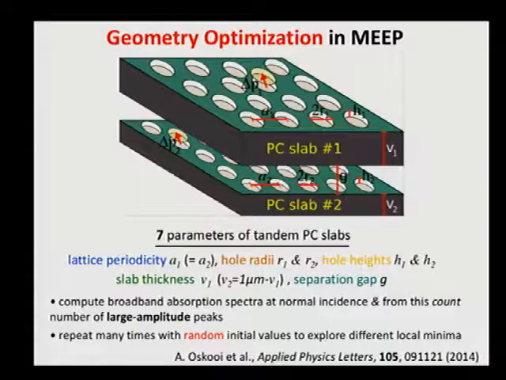I used MEEP to perform the geometry optimization of the tandem photonic crystal slabs using the 7 geometric parameters that are shown here. Because of MEEP's accurate subpixel smoothing algorithm, I can vary these geometric objects continuously without numerical artifacts being introduced into the simulation.